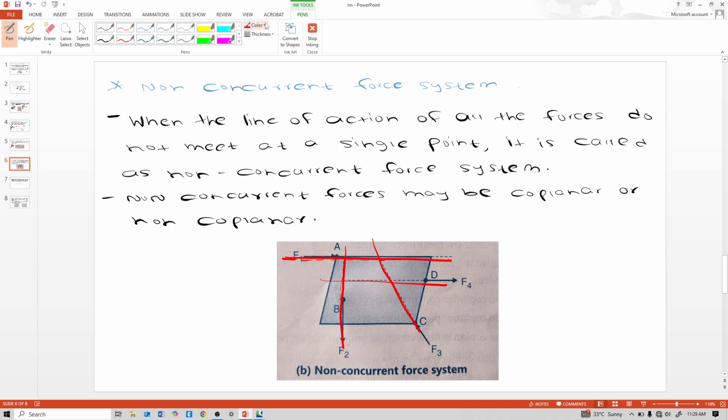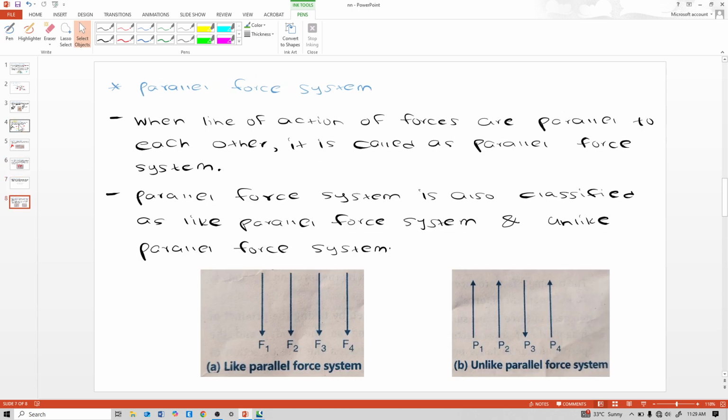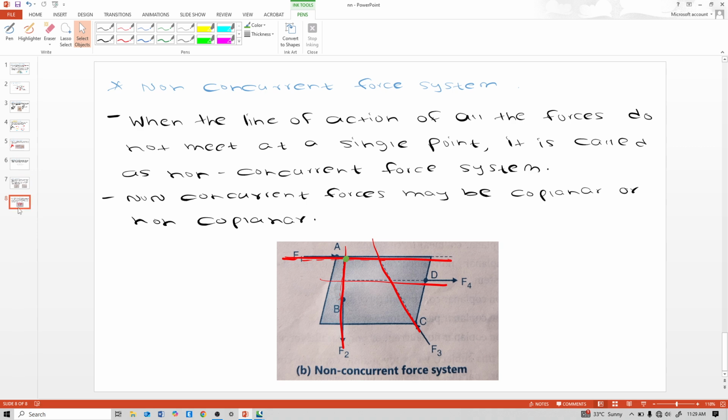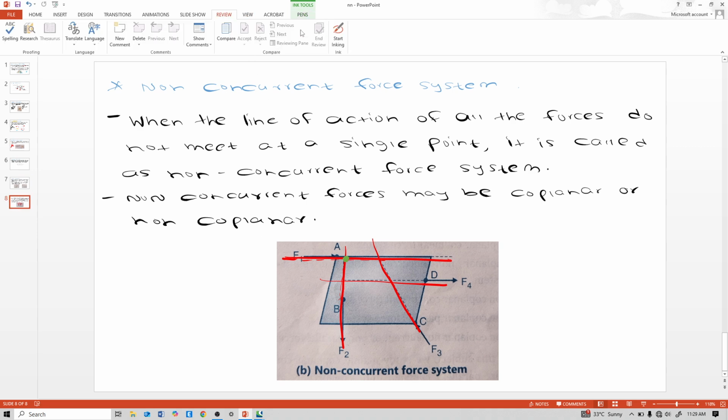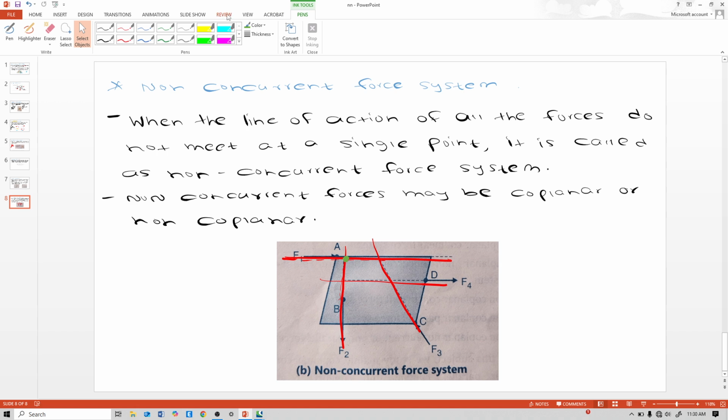See here, F1 and F2 are meeting. But this F1 and F3 are also meeting at a single point, F1, F3.